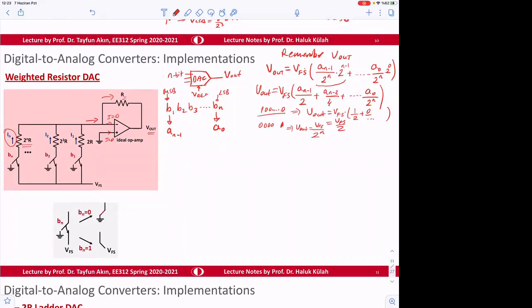So Vout is going to be equal to, maybe I should use another color here.